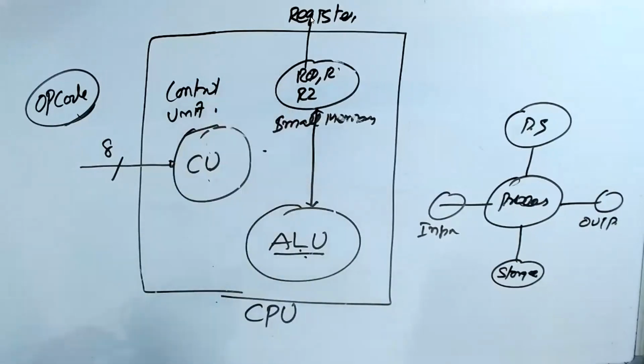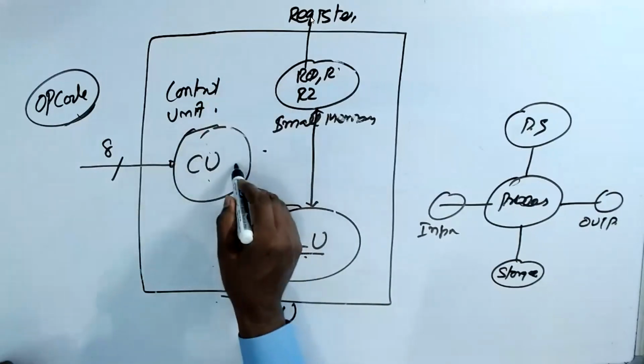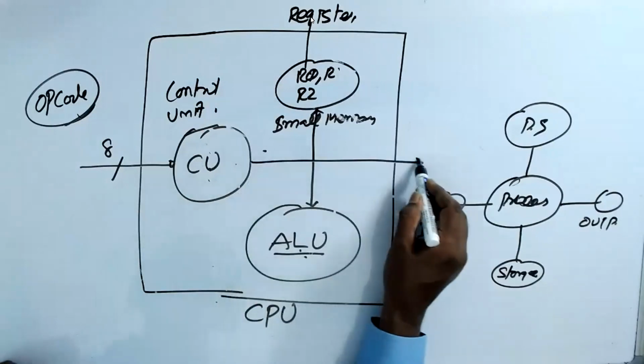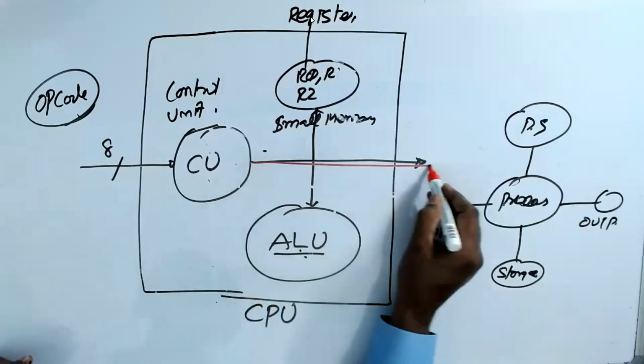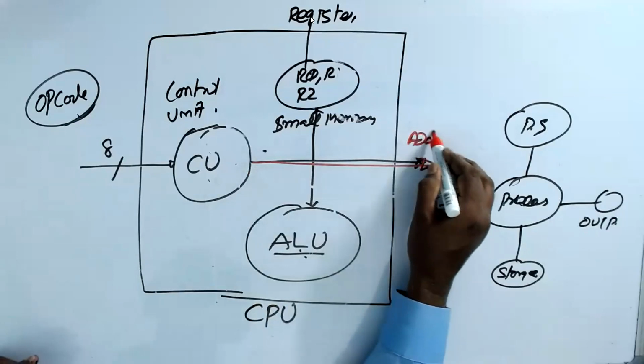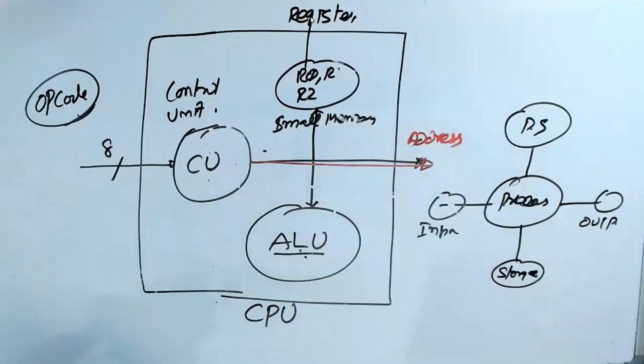So what they have done is, this control unit gives the address. Why does it have to give the address?